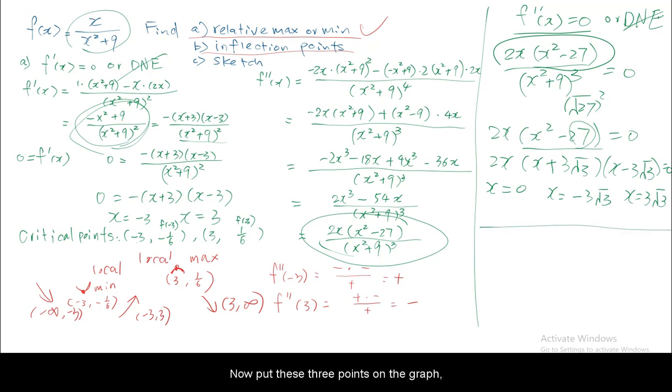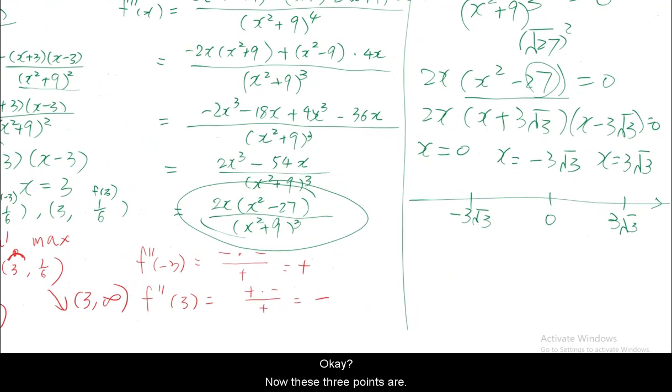Now, we'll put these 3 points on the number line, starting from the smallest, negative 3 square root of 3, then the middle one 0, then the greatest is 3 square root of 3.